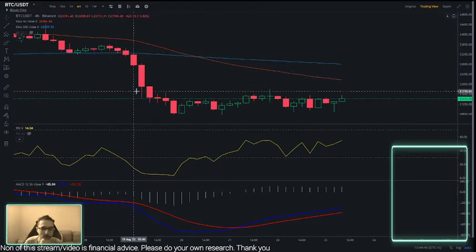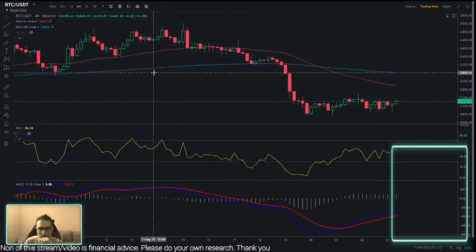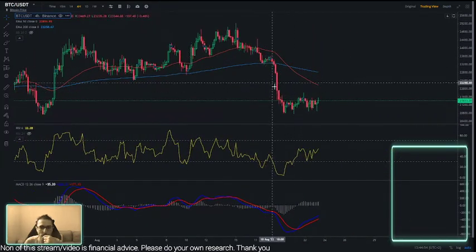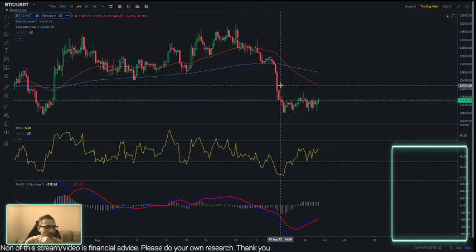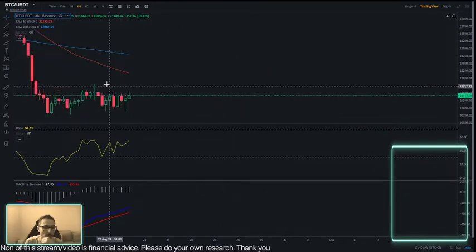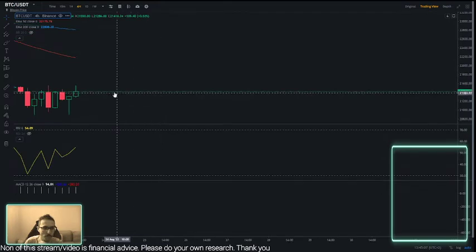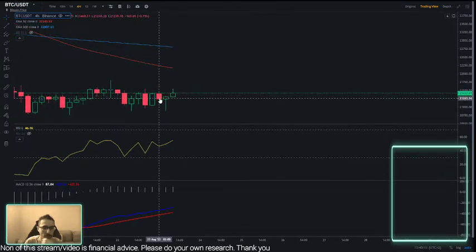Right there, I believe, is last Friday. So if we zoom out a little bit, we can see this is a very big breakdown in the candle charts, which we are not going to look into because it pollutes, at least for me, the view and the analysis we're trying to do.